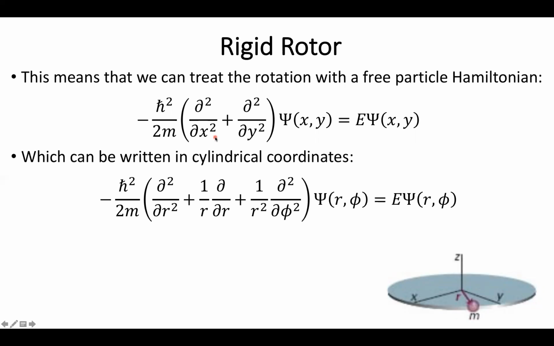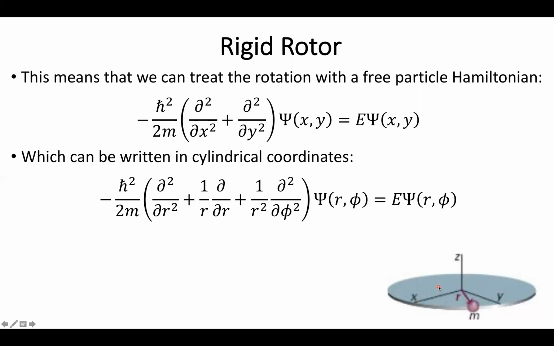We're going to be working a lot in cylindrical and spherical coordinates this semester. So it's possible to go ahead and turn xy into polar coordinates. If you need a review, go ahead and do your calc lectures. I'm going to take this based on faith. So we can turn our second derivative in xy to a second derivative with r and phi. So r is going to be our bond length, phi is going to be our location along the rotor.